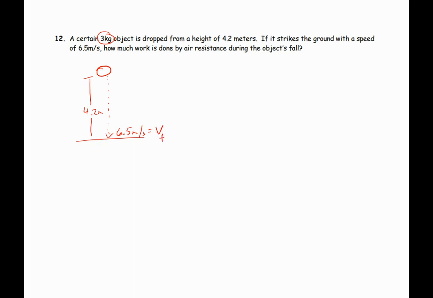Okay. How much work is done by air resistance? So we have our gravitational potential energy initial plus our kinetic energy initial minus the work done by air is equal to the gravitational potential energy final plus the kinetic energy final.